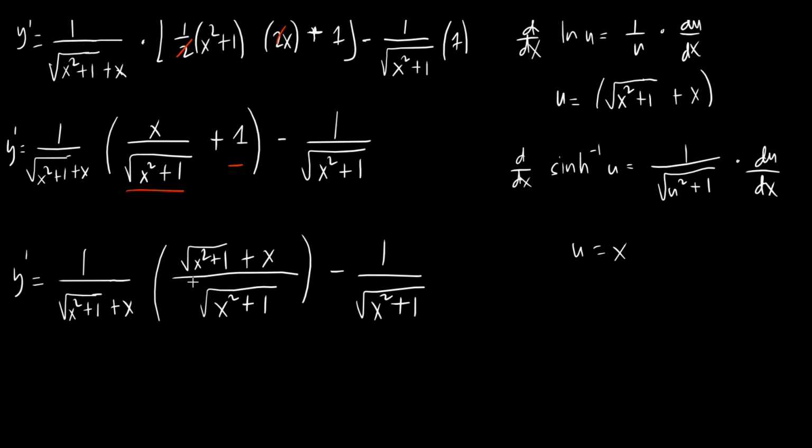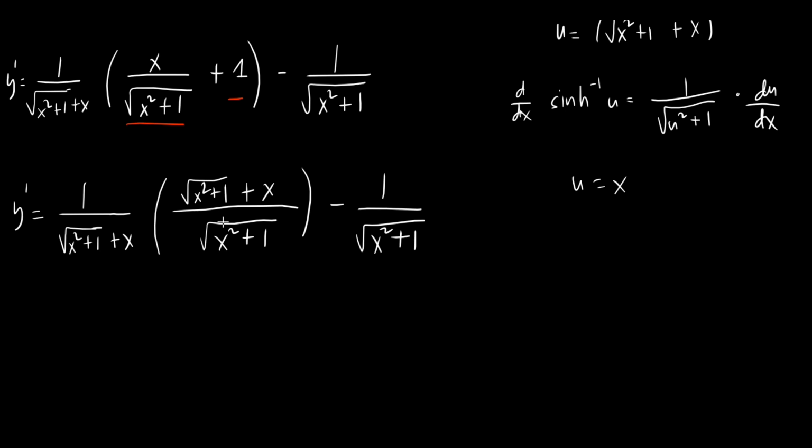The square root of x squared plus 1 divided by the square root of x squared plus 1 equals 1, times x is equal to x. So this one here, let's have this as a bracket. This one here will be cancelled. This will be cancelled, and this will also be cancelled.